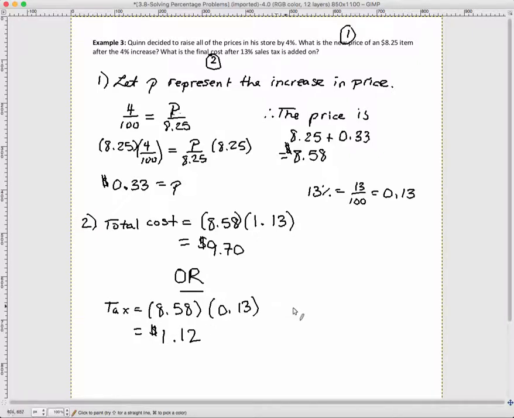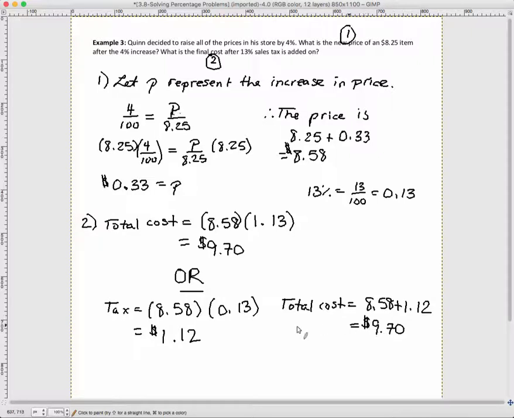So the total cost will be the original amount, $8.58, plus the tax amount, the plus $1.12, which again gives us $9.70.